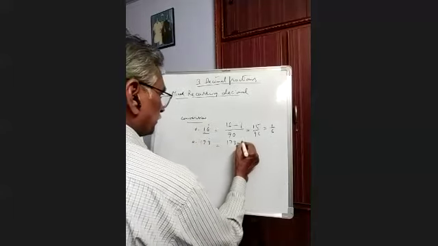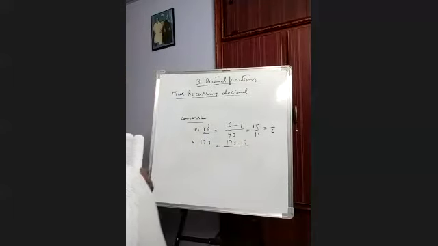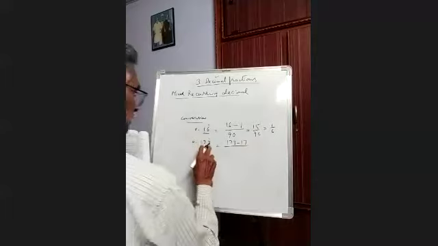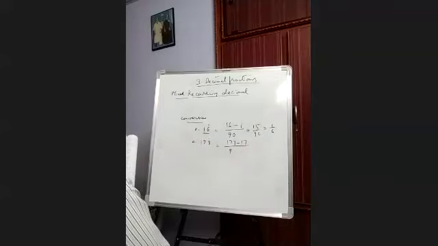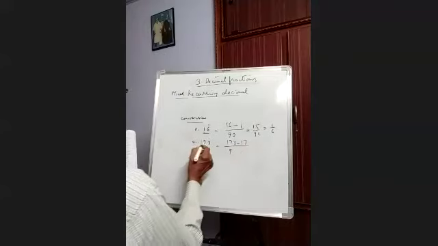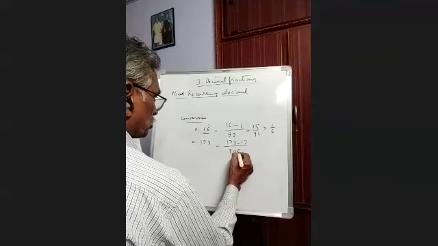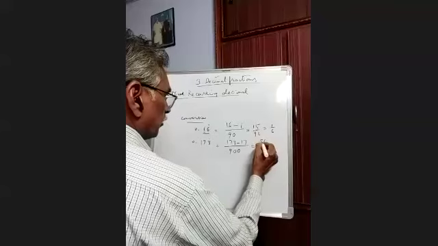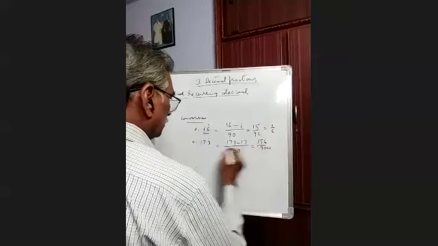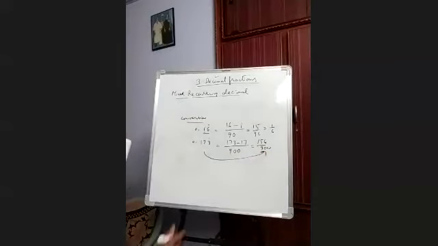Not repeated is 17. So minus 17 by as many nines as there are repeating digits, 1, 9, and zeros as the number of non-repeating digits, 2, 2 zeros. This is 156 by 900. This will be the answer. Okay, it is enough.